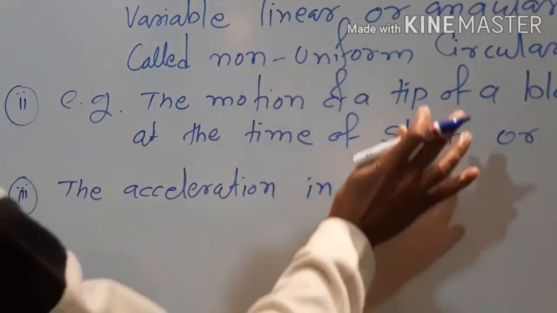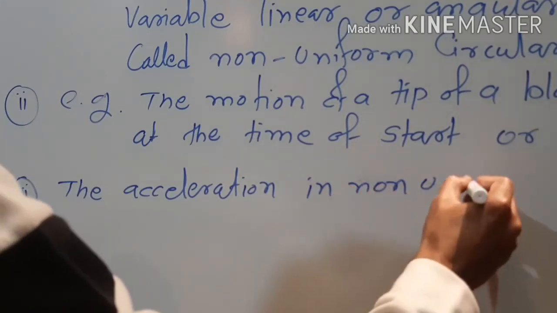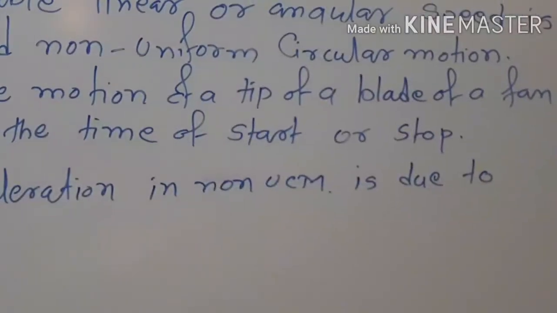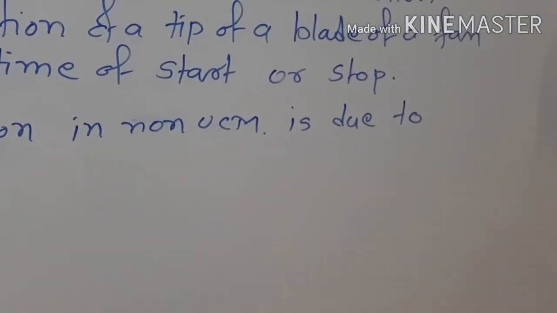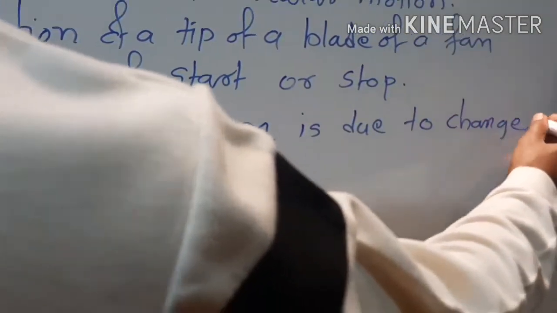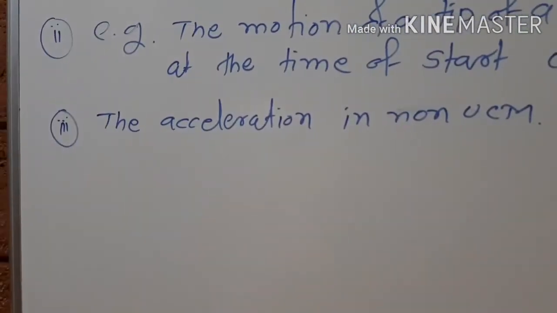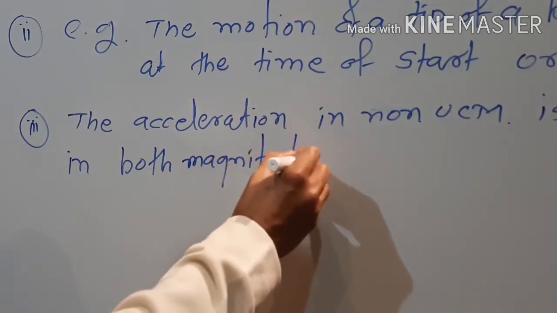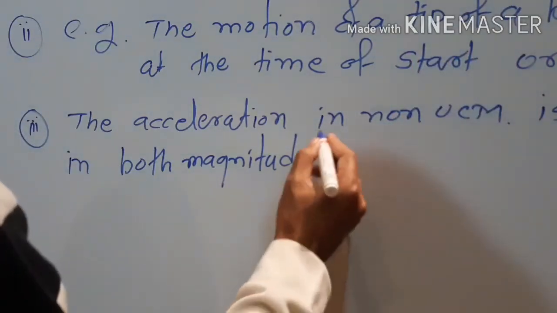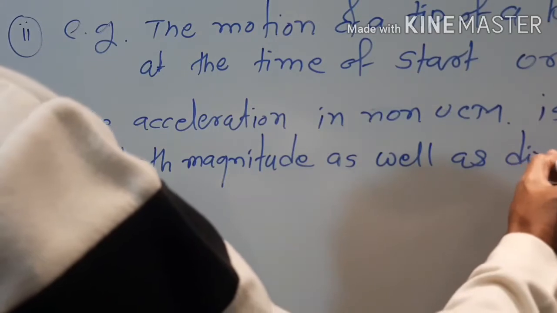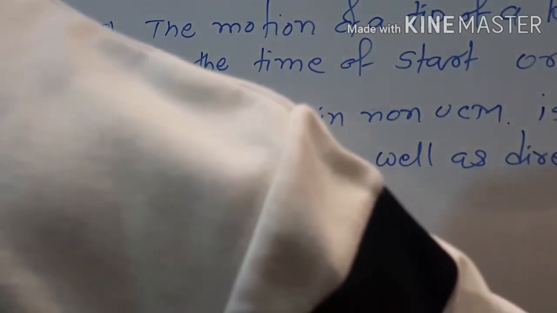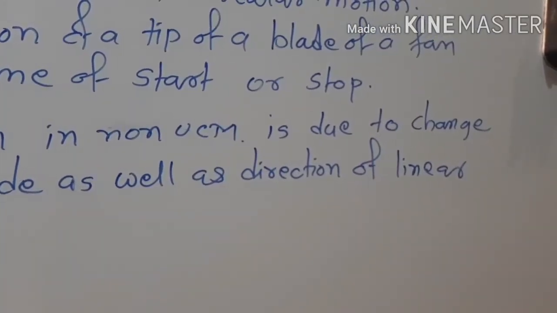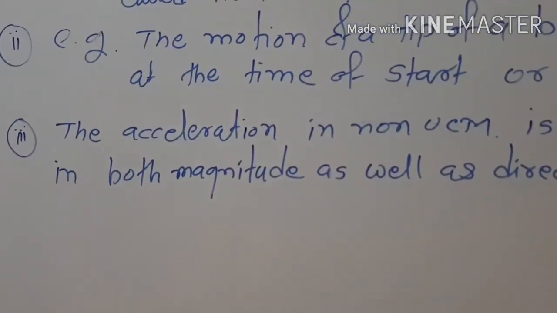The acceleration in non-UCM is due to change in both magnitude as well as direction of linear velocity.